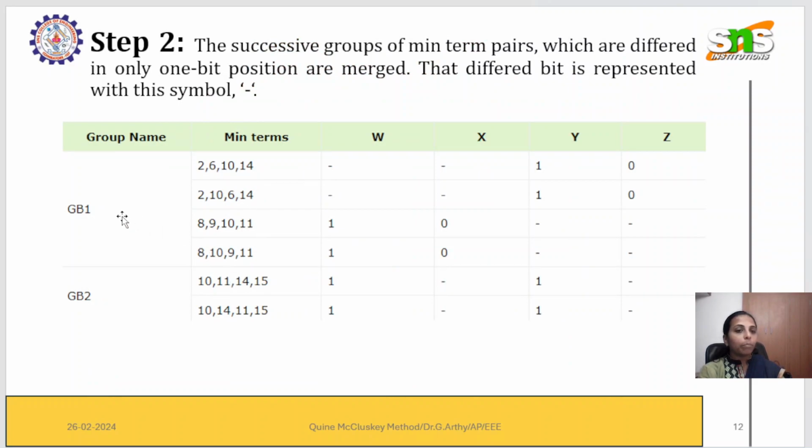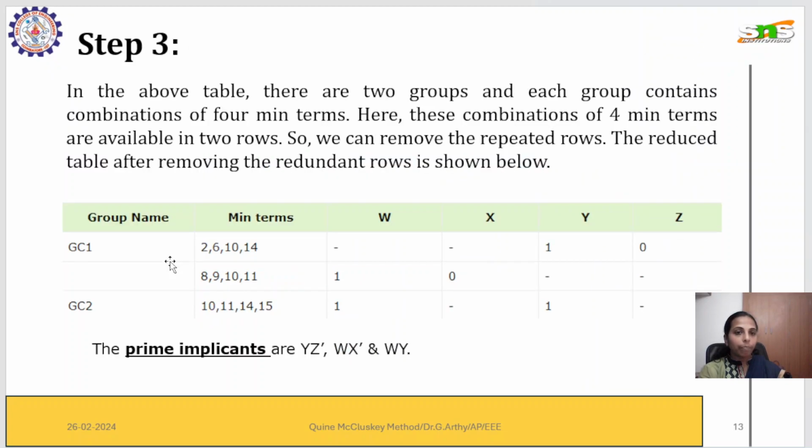Now see, the number of groups has been reduced. When the number of groups is reduced, it means that the Boolean expression is also getting simplified. Similarly, it can be repeated if again there is 1 bit variation between the minterms.